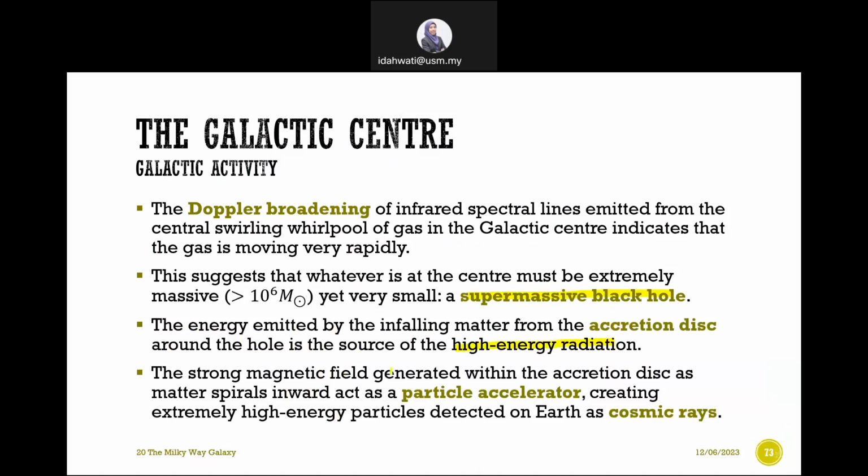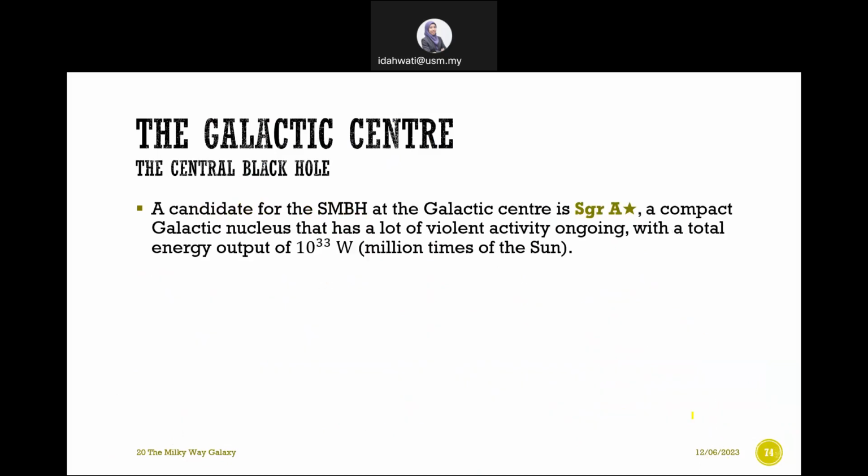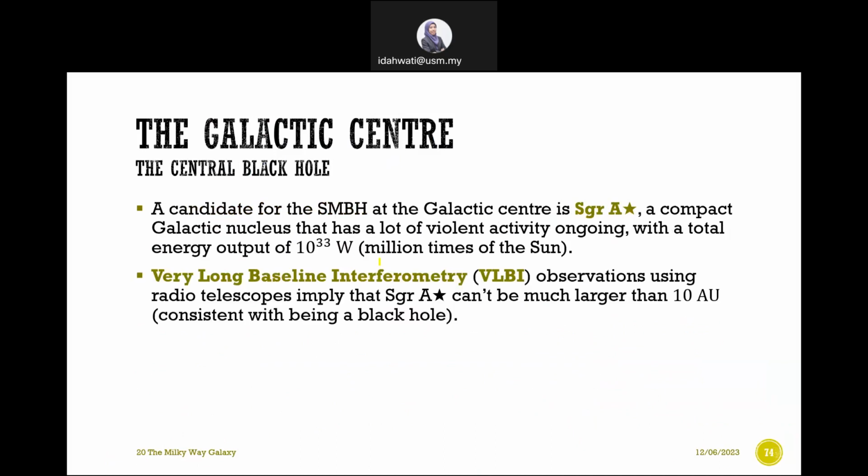The strong magnetic field generated in the accretion disk as matter spirals inward acts as a particle accelerator, creating extremely high-energy particles detected on Earth as cosmic rays. This one is the VLBI observation using radio telescopes. I mentioned this in the previous lecture, in the previous chapter.